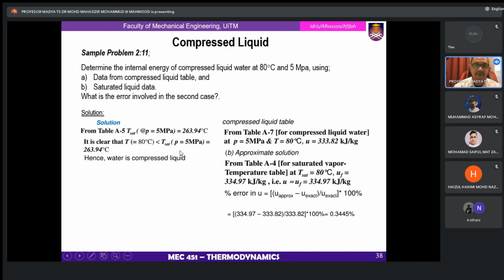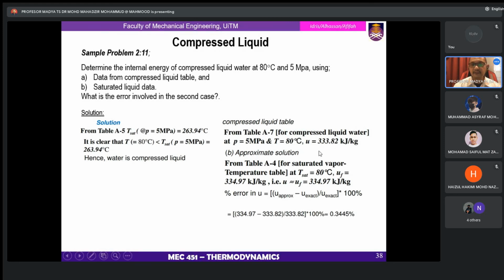This is how you find whether the water is compressed liquid or mixture region. From the compressed liquid table A7, when you conclude that it is a compressed liquid, you jump to A7.